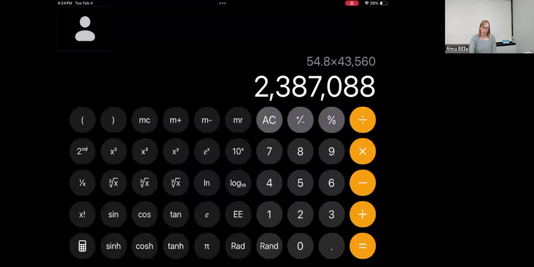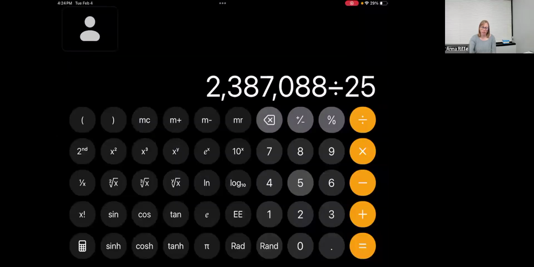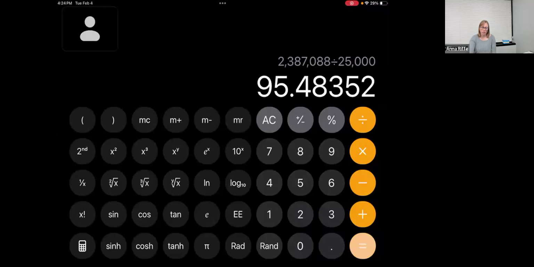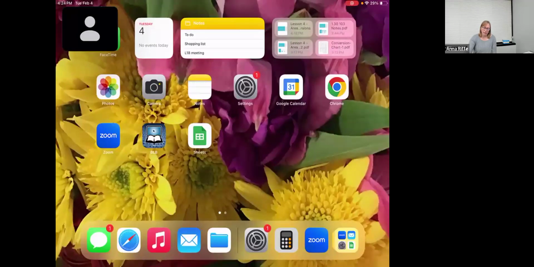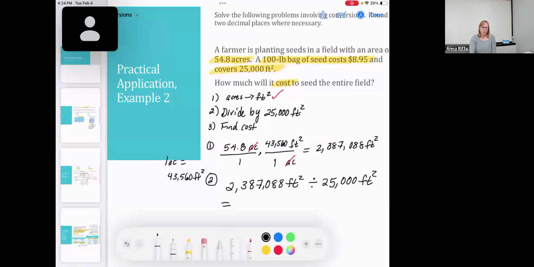So take this, divide that by 25,000. And that gives me 95.483, etc. And that'll tell me the number of bags that I need.